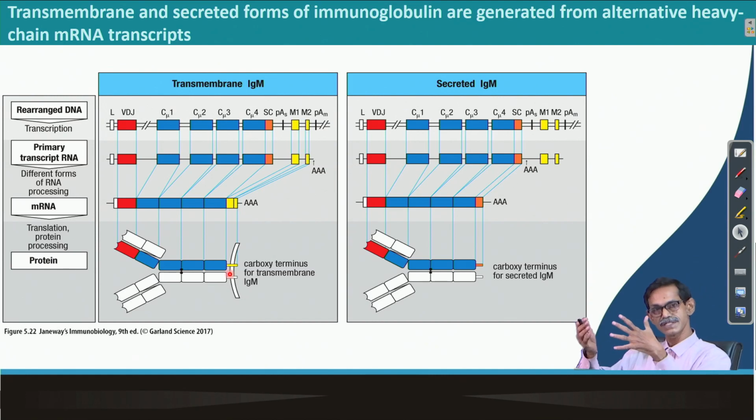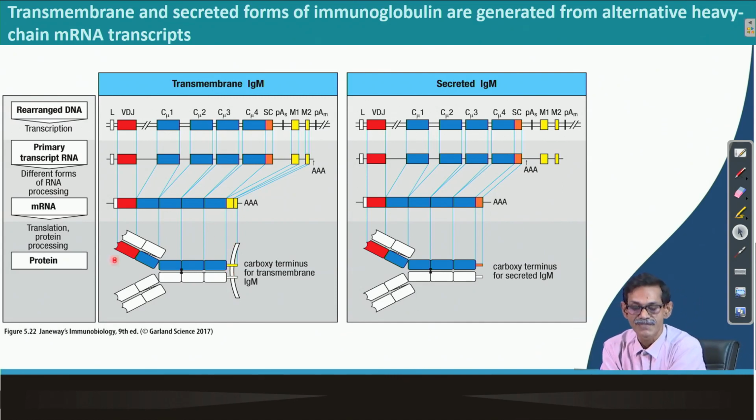So, upon activation, same gene, everything is same, but just a slight change in the splicing makes the same molecule a secretory protein, that then secretes to blood and does its own job like neutralization, opsonization, complement activation and many other things. Clear? But if you see, the variable region is not changing.